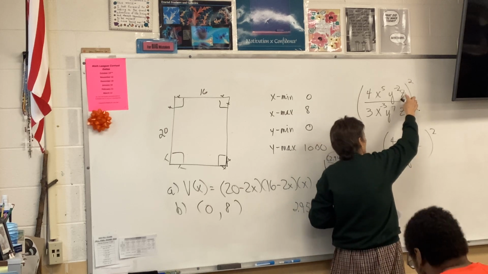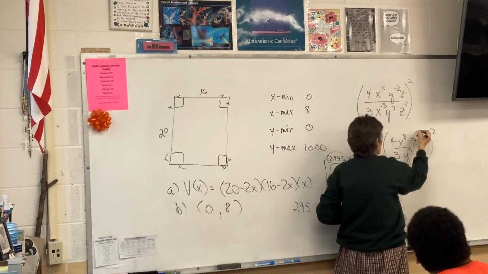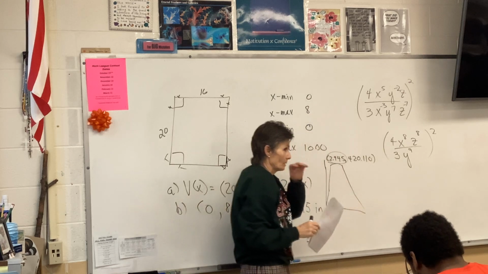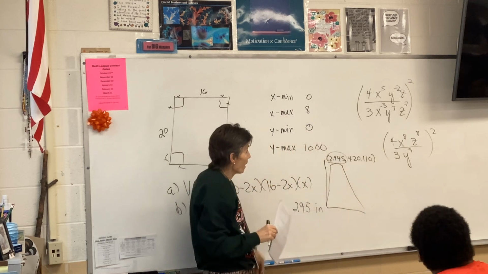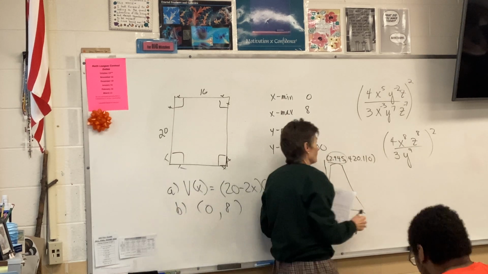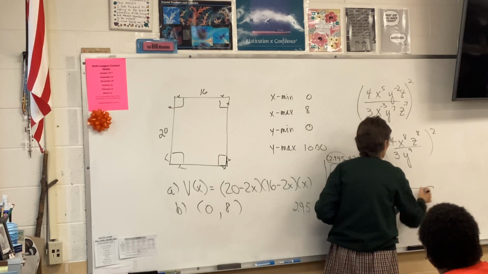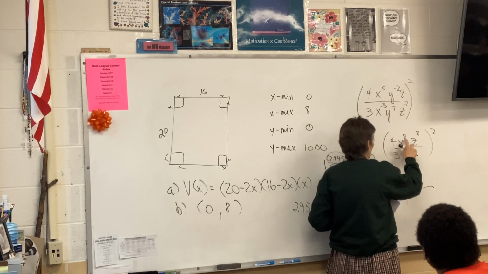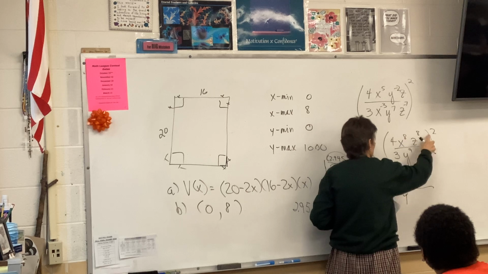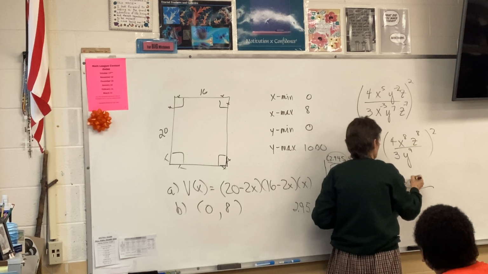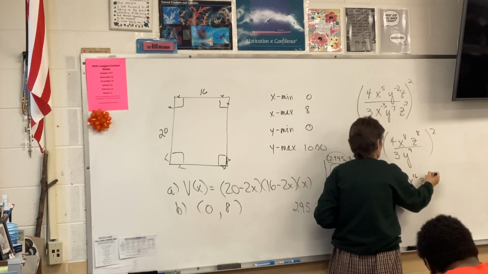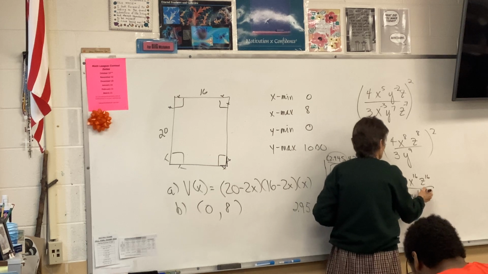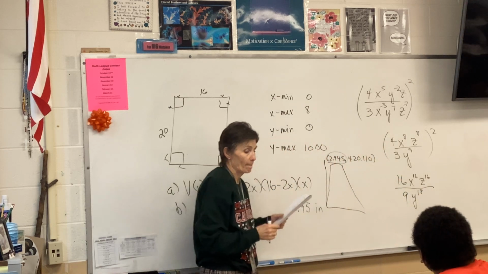And those are going up. So z to the 8th. Now, we square everything. So I got a 16 and a 9. I multiply these exponents. So x to the 16th, z to the 16th, and y to the 18th.